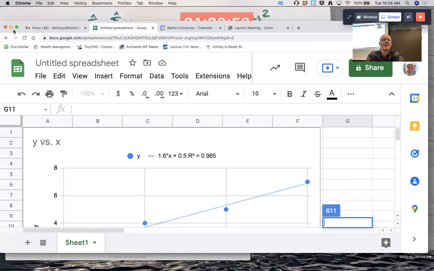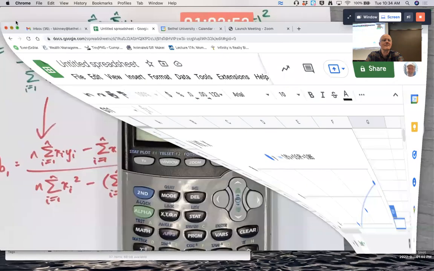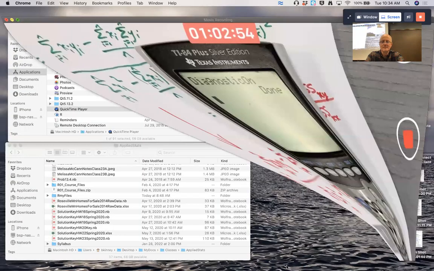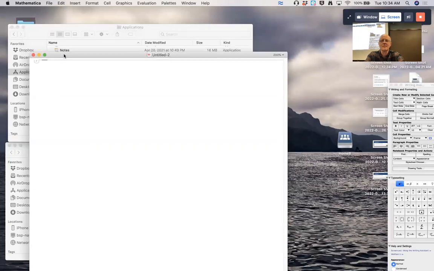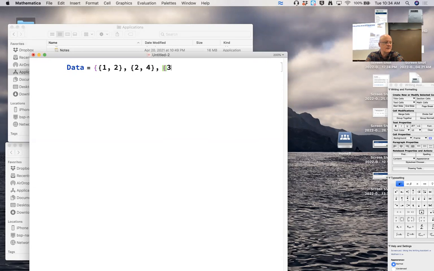Okay. With Mathematica, you can certainly plug in the data like this as a list of lists, a list of points, 1, 2, 2, 4, 3, 5, 4, 7, like that.